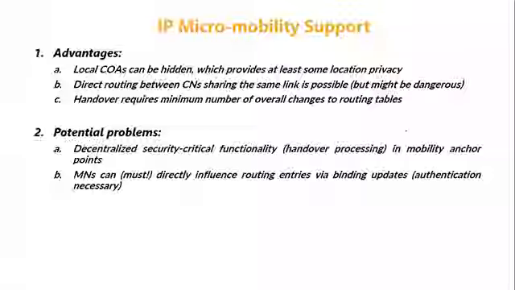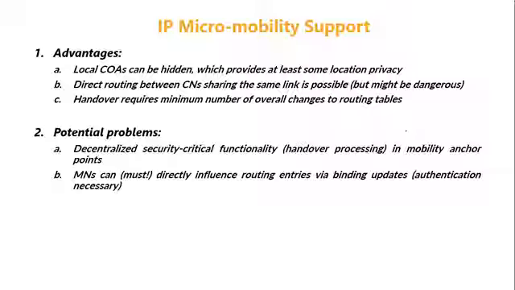Whenever the mobile node moves from one access router to another, it sends a binding update, and based on that the routing table gets updated. Somebody else, for attacking purposes, may send a binding update pretending to be some other node and change the routing table. These are the potential problems with this technology.